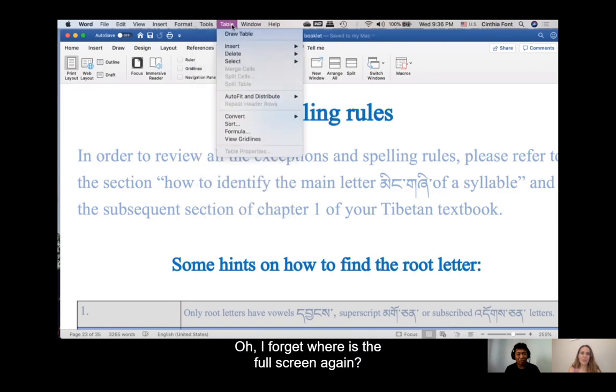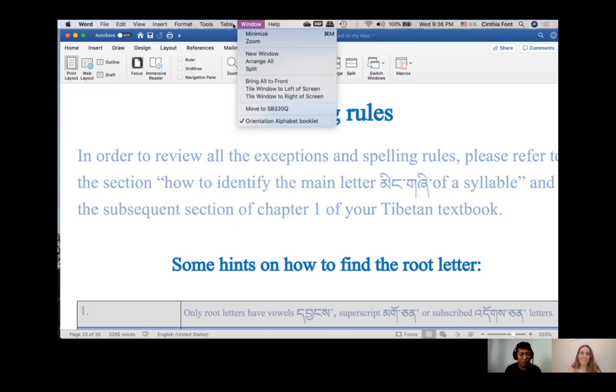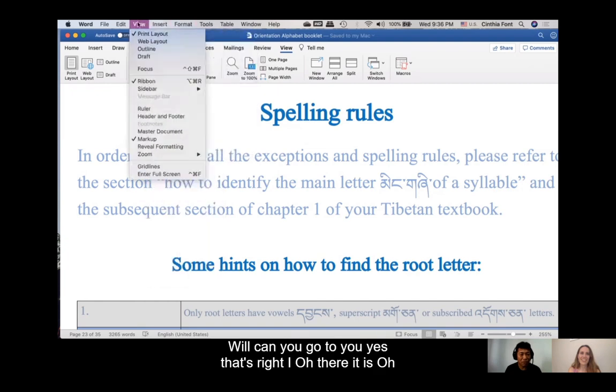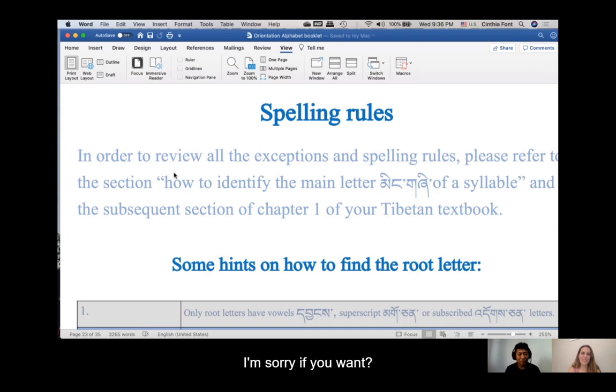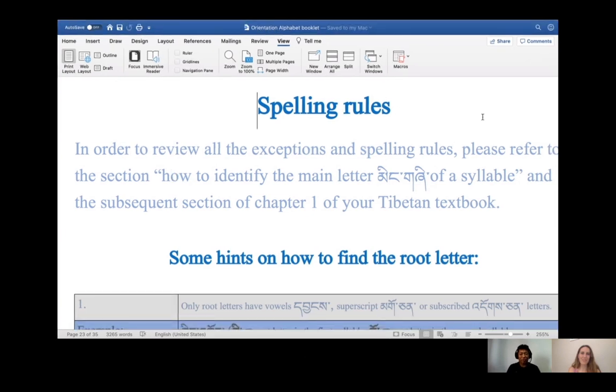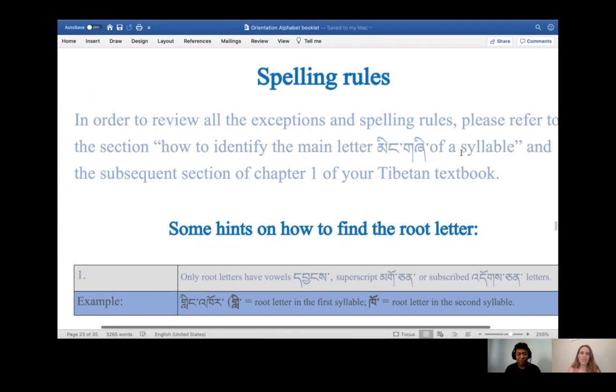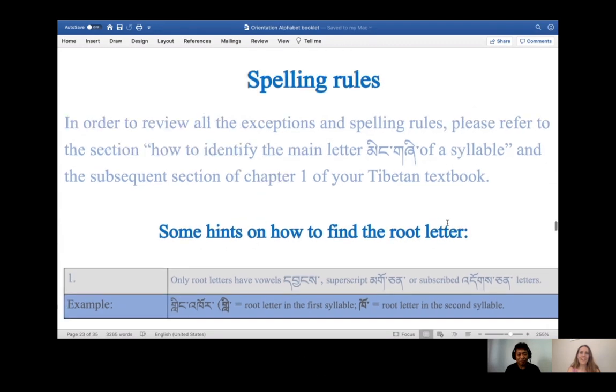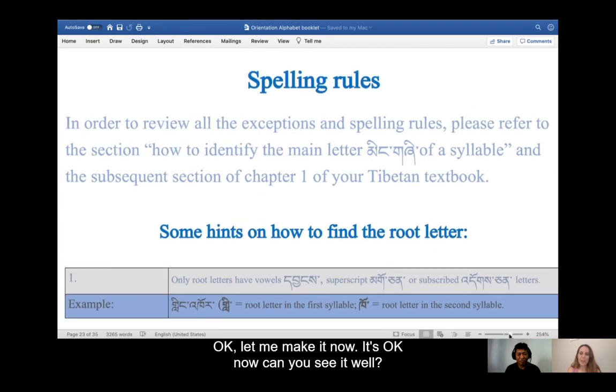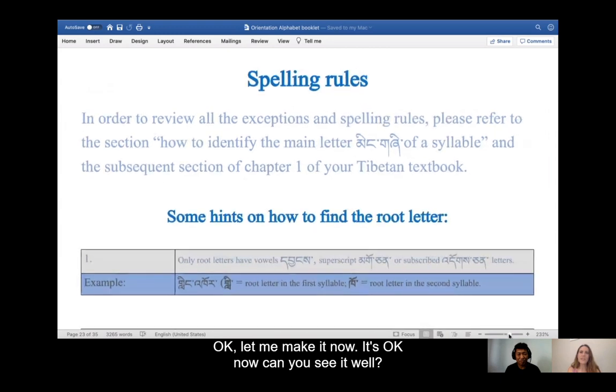Oh, I forget. Where's the full screen again? View. Can you go to view? Yes, that's right. Oh, there it is. Oh, I'm sorry, everyone. There we go. All right. Okay, let me make it. Now it's okay. Now can you see it well? Yeah. Okay. Now it's fine.